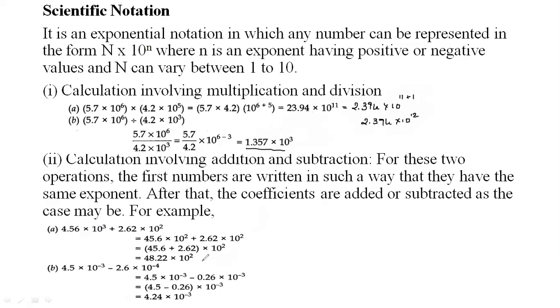Here there is no problem. Here 48.22, shifting to the left, it becomes 4.822 into 10 raised to 3. Here it is 4.2 into 10 raised to -3, not a difficulty. When I am shifting to the left, positive value. When I am shifting to the right, negative value. +1, +2, however many decimal places you have shifted, it will become that much positive. And however much you are shifting to the right, it becomes negative.